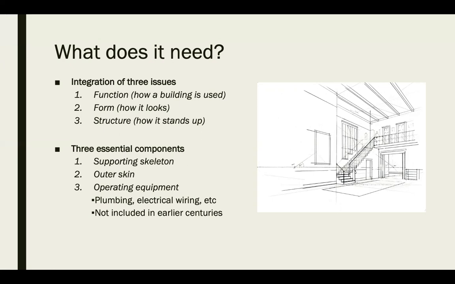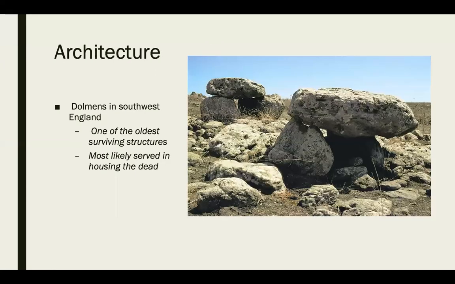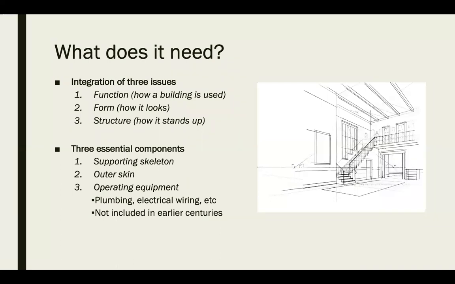Really, our early structures were just concerned with the outside skeleton and the outer skin. But the operating equipment like plumbing and electrical wiring, etc., didn't come until way later on. It seems like we've had these things forever, but in the span of how long humans have existed, it's only been in the last 150 years or so that those things have been essential to architecture.